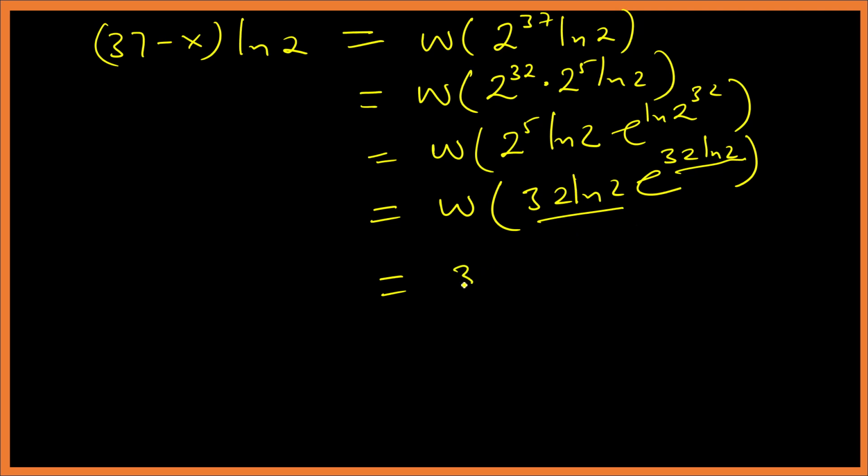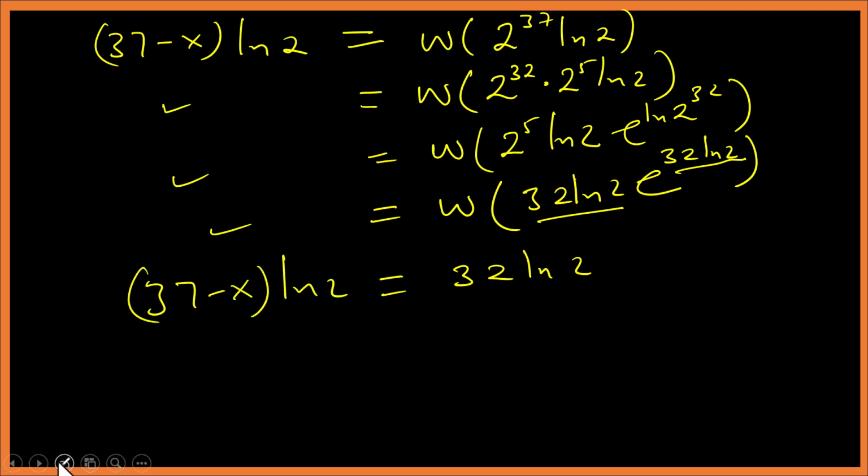So it's 32 ln of 2. So we have this one here. So we have 37 minus x ln of 2. Guess what? This one will cancel this. I'll be left with 37 minus x equals 32.